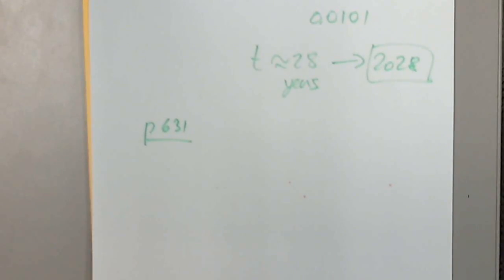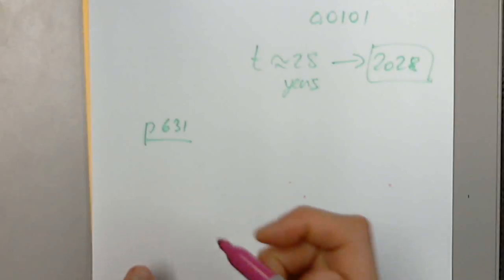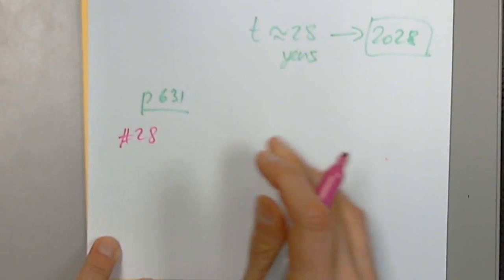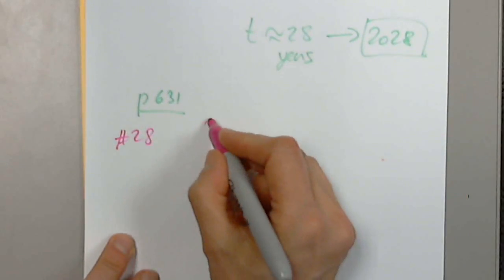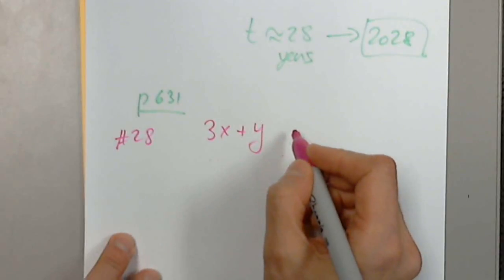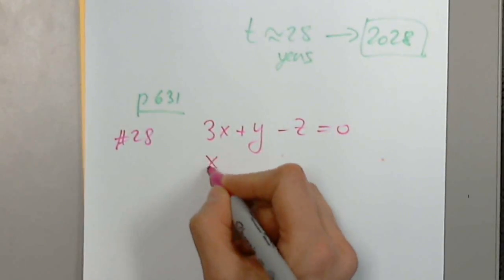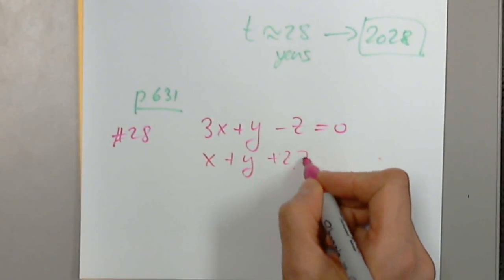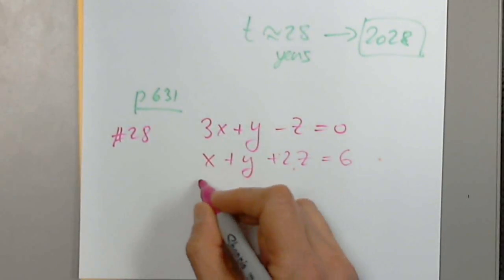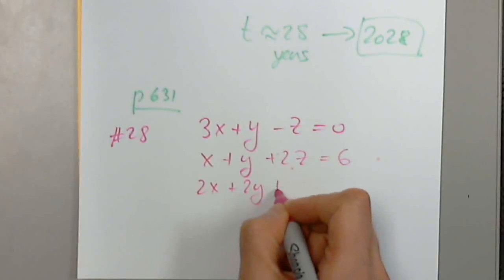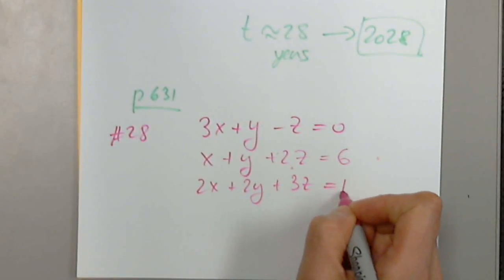Okay, so on page 631, let's say problem 28, Gauss-Jordan elimination. So 3x plus y minus z equals 0, x plus y plus 2z equals 6, and 2x plus 2y plus 3z equals 10.